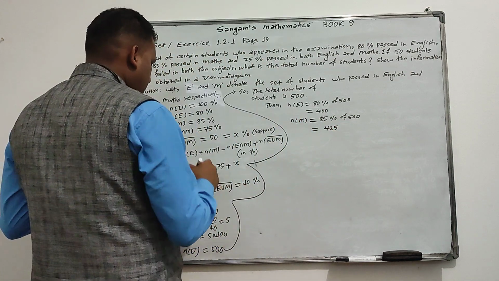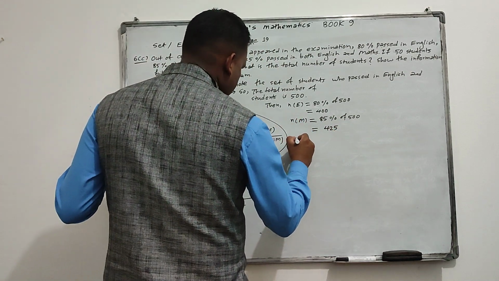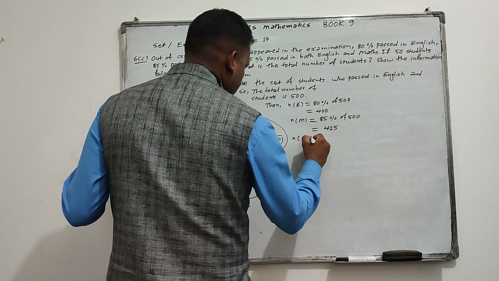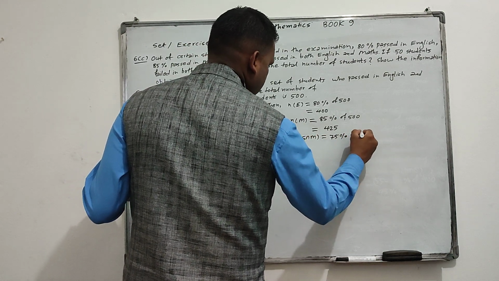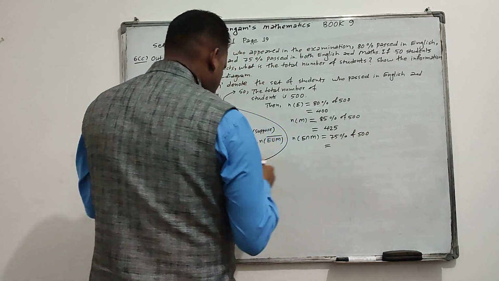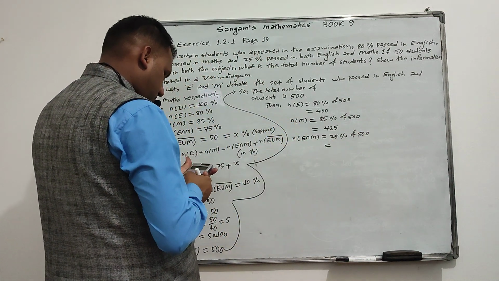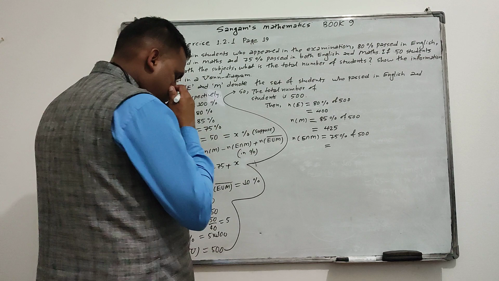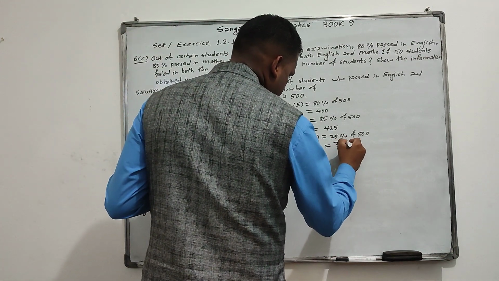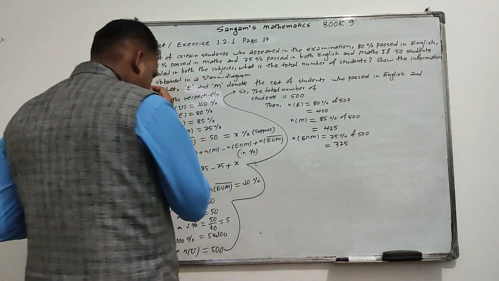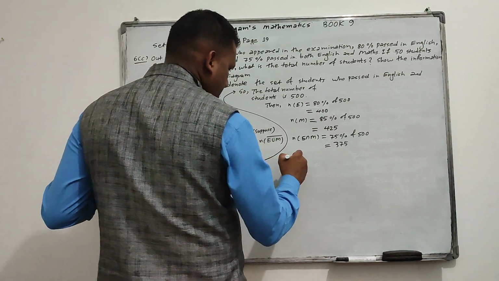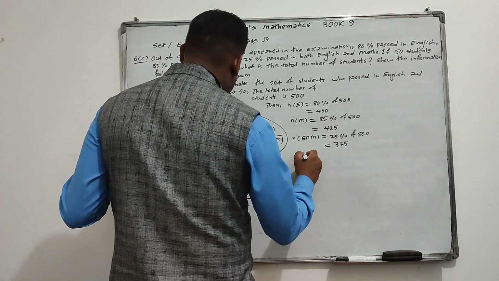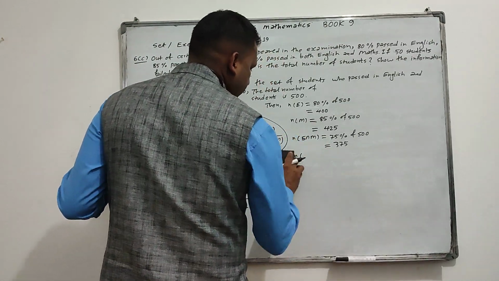Then number of E intersection M equals 75% of 500, which equals 375. Then the complement part, number of union of complement, that is 50.